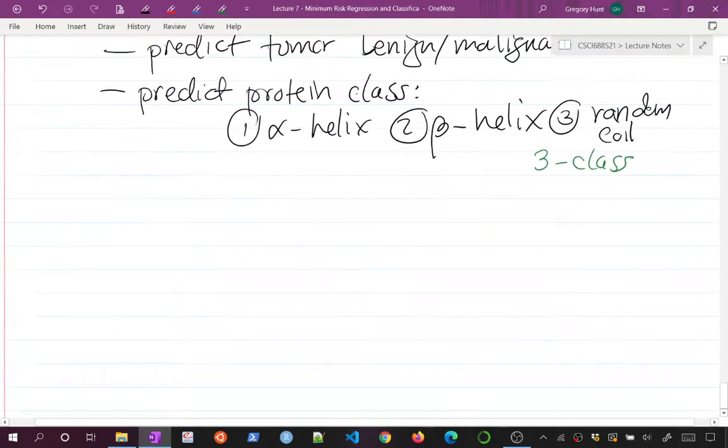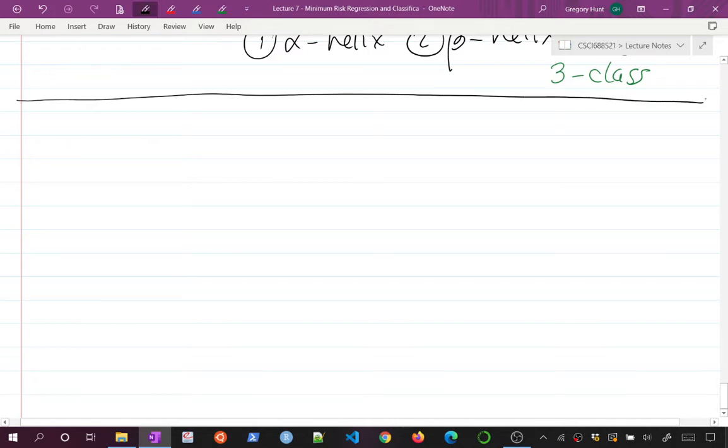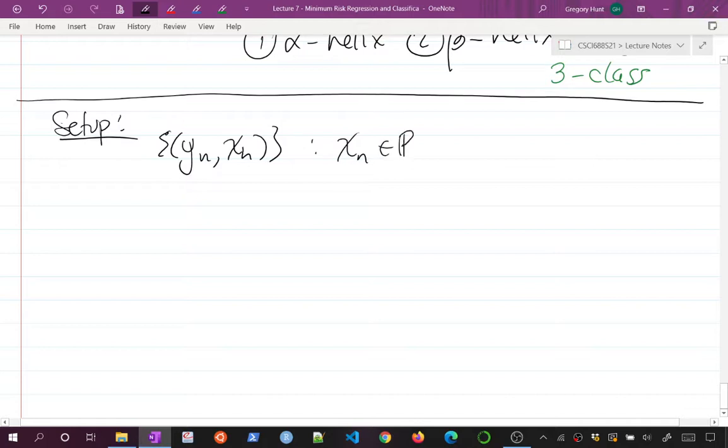So the setup for classification is pretty similar to regression. The statistical learning setup is that, again, we have some training data, some y_n, we have some x_n, and our x_n are p-dimensional numbers, features. But now, where our y_n before were real numbers, we now have the y_n in some set capital C of classes.